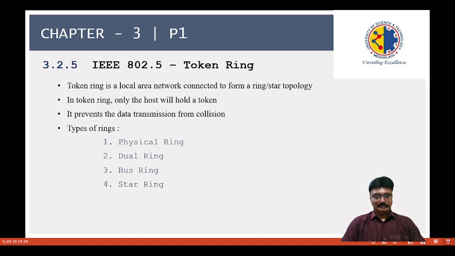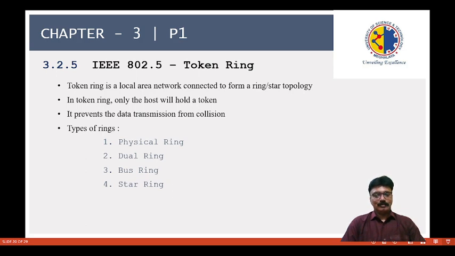The token ring will be divided into different parts and we'll see them one by one. First, the token ring is used in a local area network connected to form a ring topology.